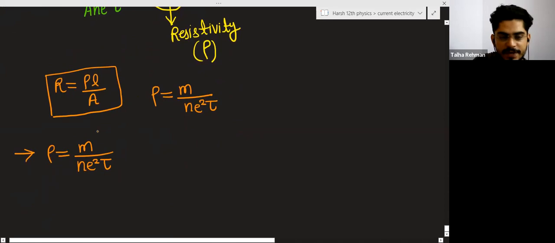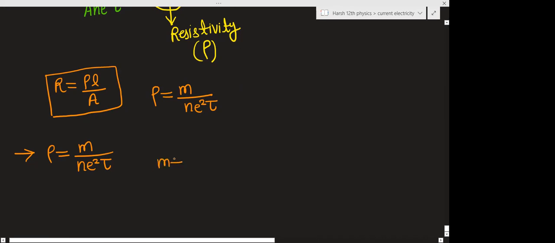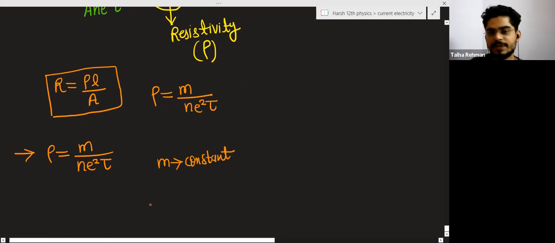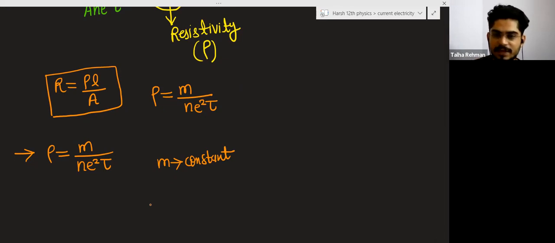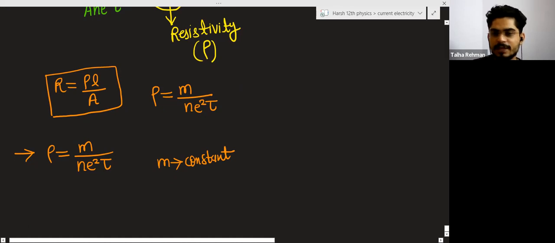So rho depends upon the mass of electron and the charge of electron, which are always constant. Whether you increase the temperature, decrease it, halve the length, double the length, or break the conductor, the mass and charge of the electron remain the same.